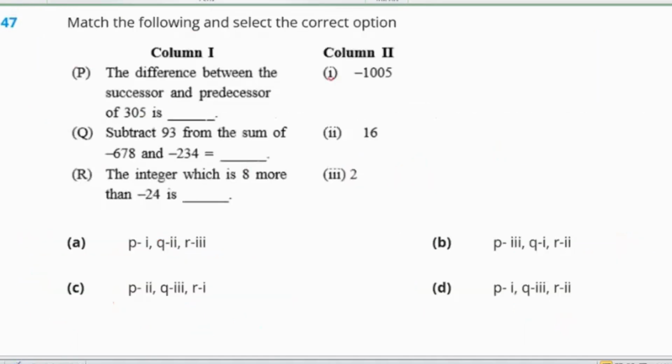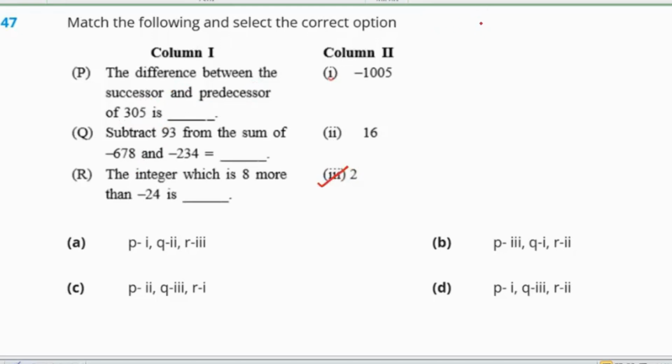Now question number 47. Here we need to match. The first is the difference between the successor and the predecessor of 305. Students, remember one thing: whenever the question asks for the difference between the successor and the predecessor of any given number, that will always be 2, no matter what the number is.